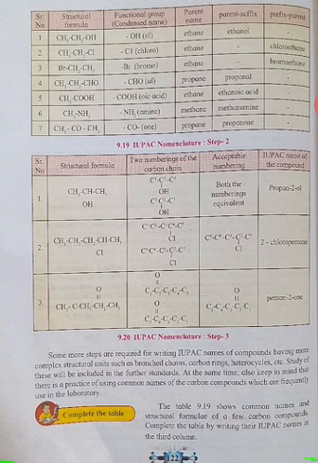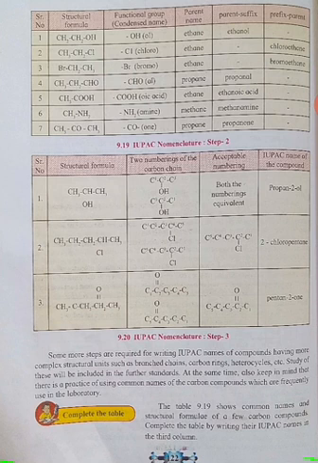Here the functional group is COOH, it is oic acid. That means the parent name is ethane and with the suffix it is changed to ethanoic acid. Here the OIC is attached to the ethane, so ethanoic acid is the name.